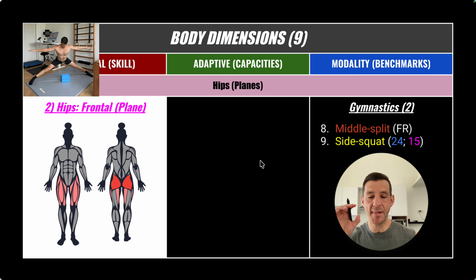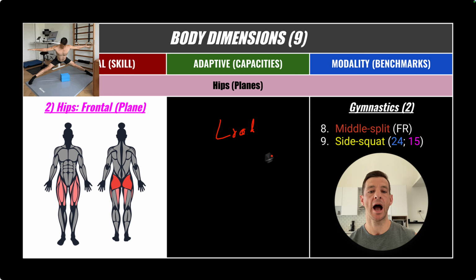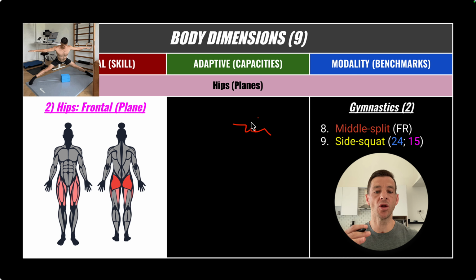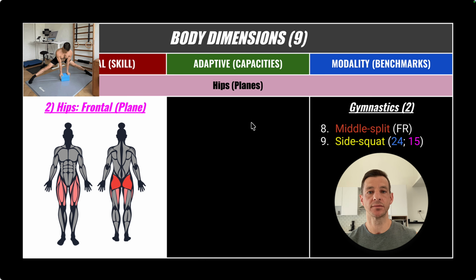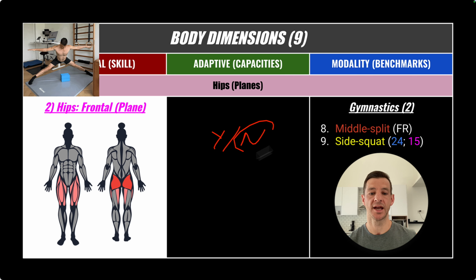You can measure improvements only in terms of load, how heavy the weight, time, did you improve on your time, and position. You can either get into and hold the position or you can't. For me, you can see I'm still quite far from a full range middle split as the benchmark. So you can either do it or you can't. Yes or no. In my case, I'm not there yet.